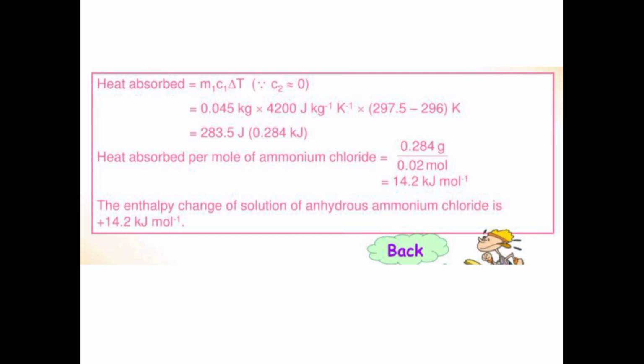Now we can find our Q, which is the quantity of heat that is absorbed. In this case, the heat capacity of the calorimeter is not present, it is 0. We only have MC delta T here.